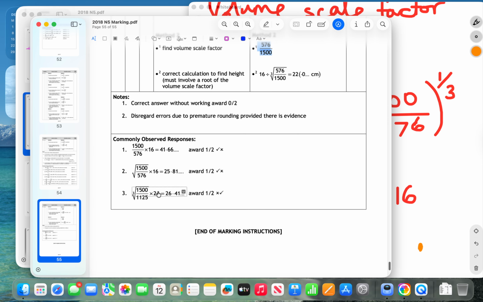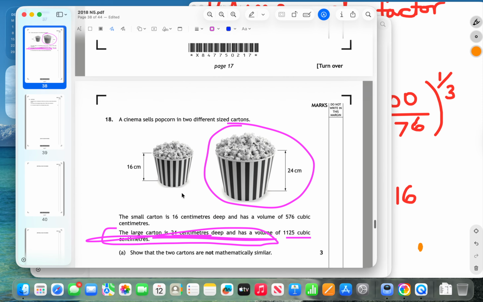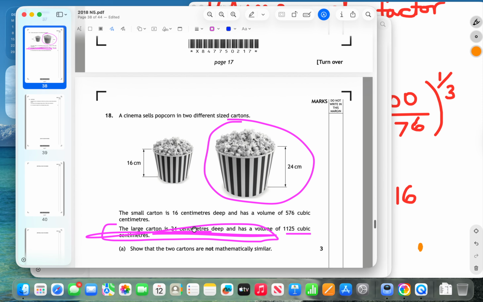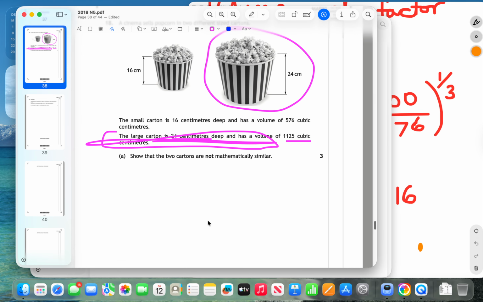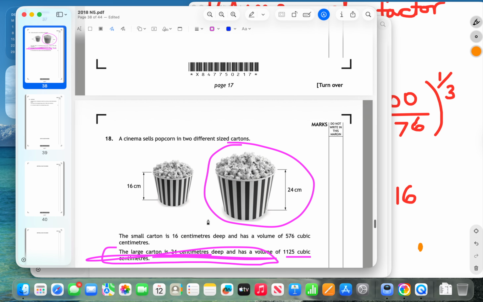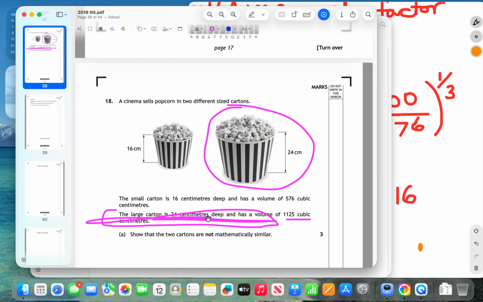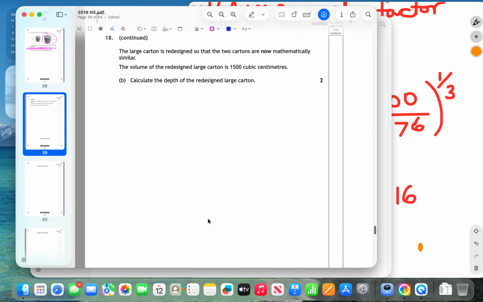And the third issue was accidentally substituting the large volume that was already mentioned in part A. So the 24 centimetres is now irrelevant. So that depth is irrelevant, and so is the 1125 centimetres cubed. So that information is irrelevant in section B.